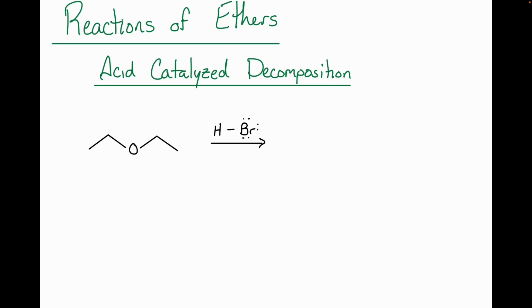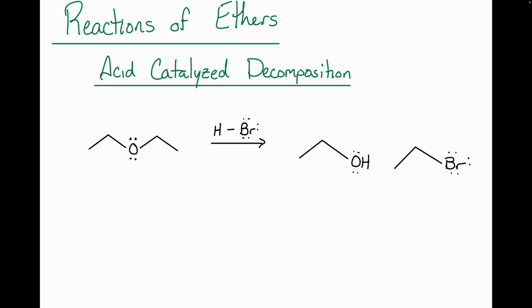All right, we will see this ether decompose. It kind of splits it apart at that oxygen. So we would get an alcohol and an alkyl halide. Okay, and the first step here is going to be similar to what we saw in some of our alcohol reaction mechanisms here.